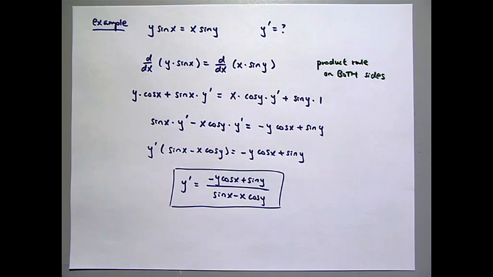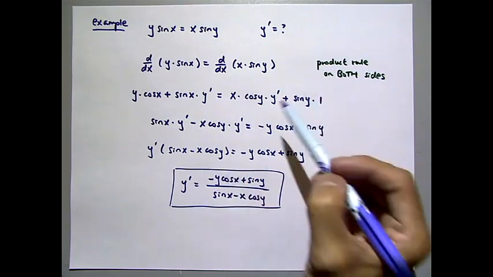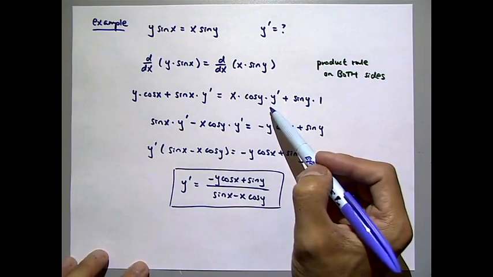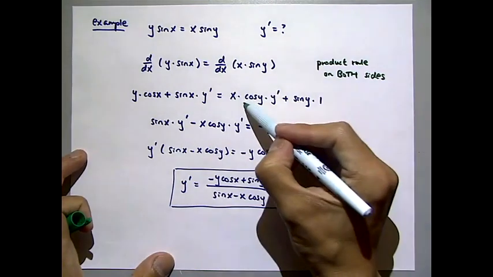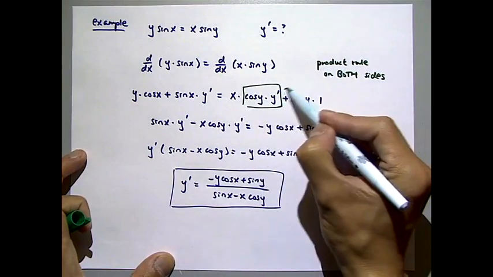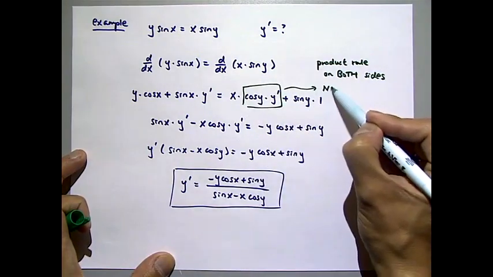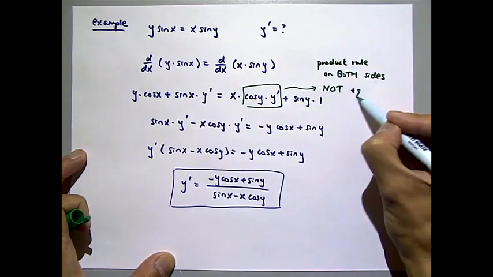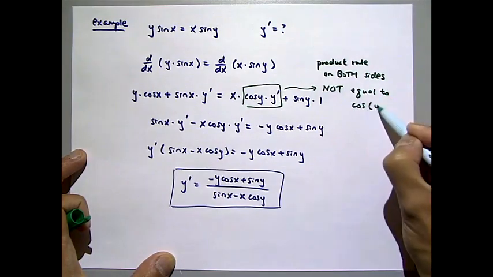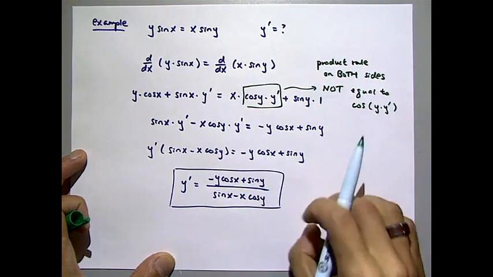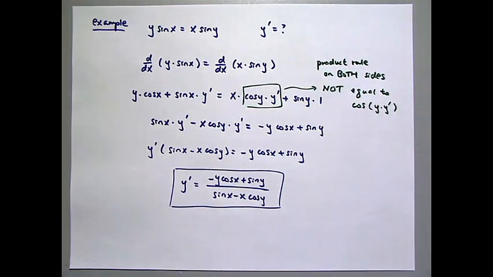Yeah. Here? No, it doesn't. That's a good thing to point out. It does not go into the cosine. This is cosine of y times some other quantity.